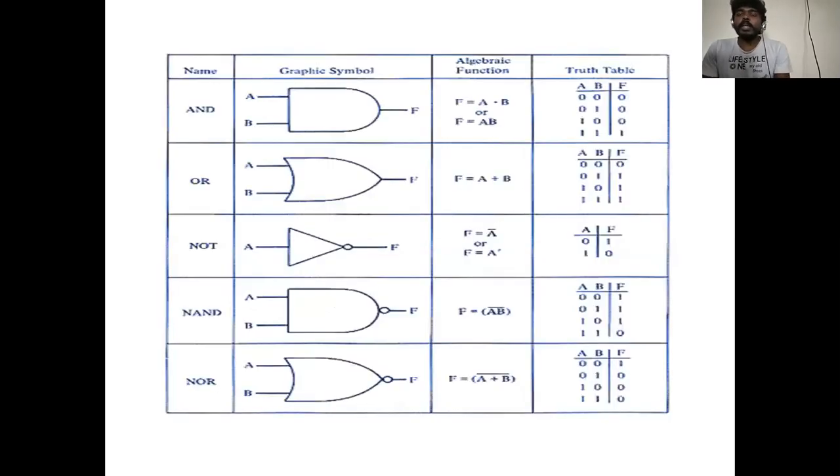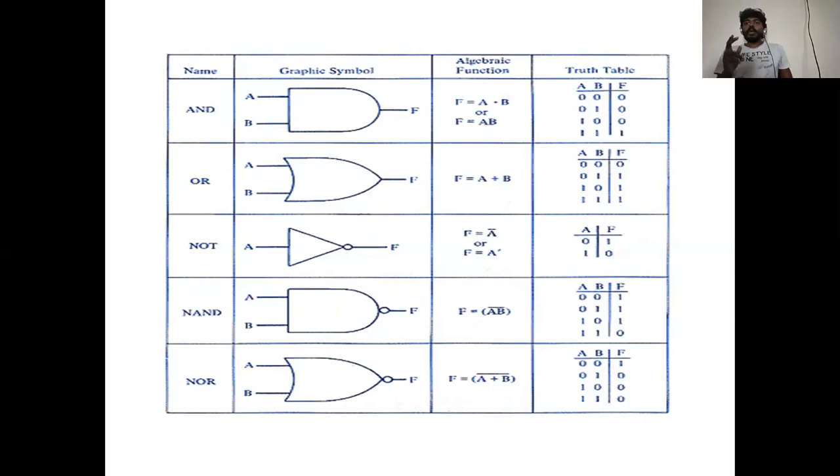You can see here, first is the AND gate. Here I have given the symbols and function along with the truth table for each and every gate. First is the AND gate, a two input AND gate.